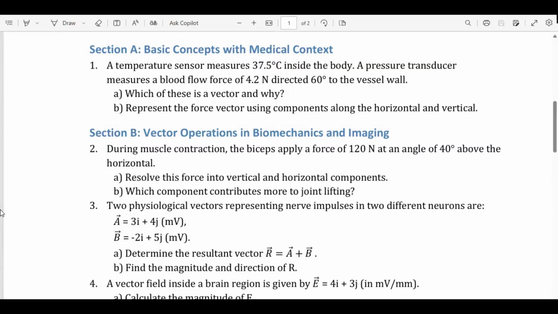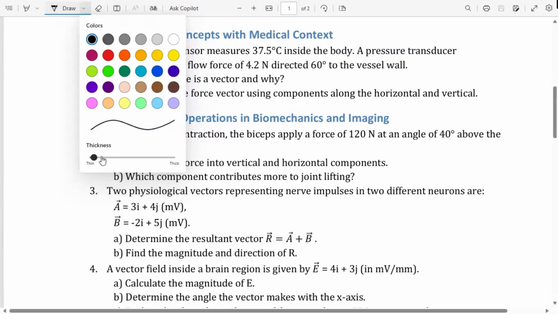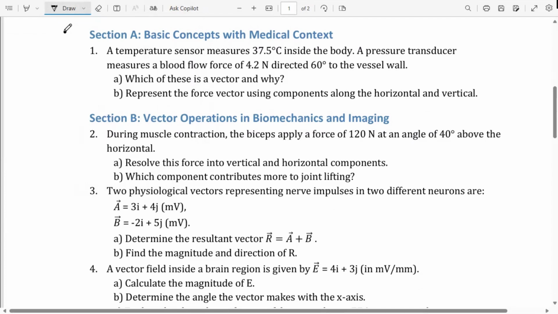So to answer part A simply, we're just going to say the vector in this case is the blood flow force. Because we define a vector as a quantity that has both magnitude and direction. If we look at how they've given us the blood flow force, they've said it has a magnitude of 4.2 newtons directed at 60 degrees to the vessel.